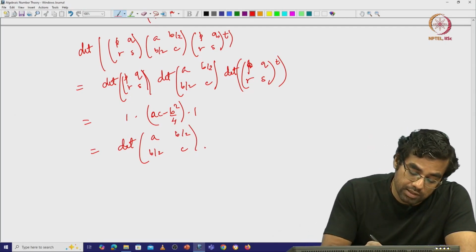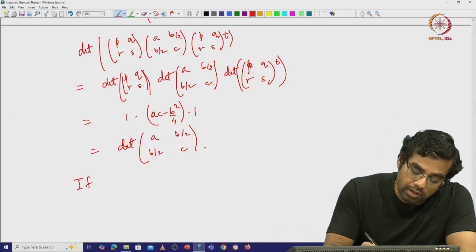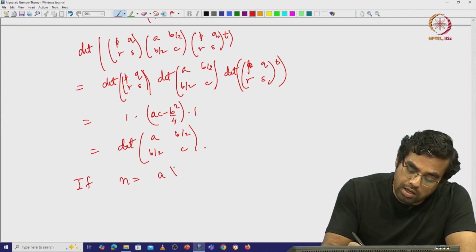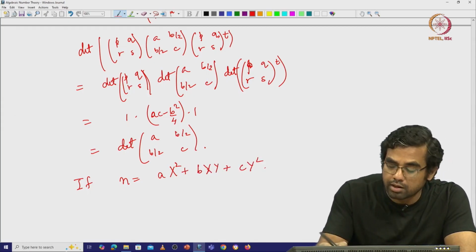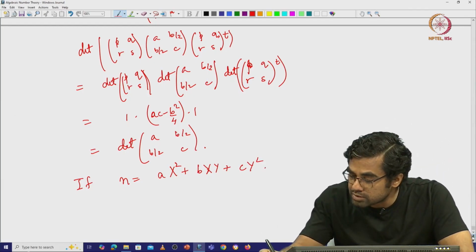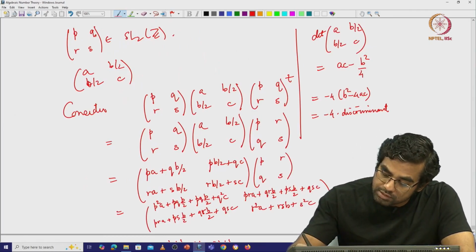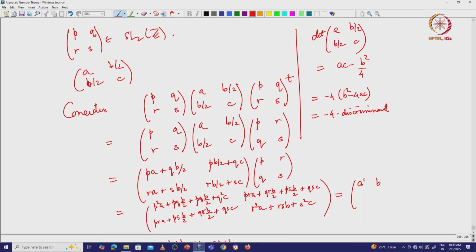The second thing is, if n is equal to a x squared plus b xy plus c y squared, let me give this matrix a name. Let me call this [a' b'/2; b'/2 c'].